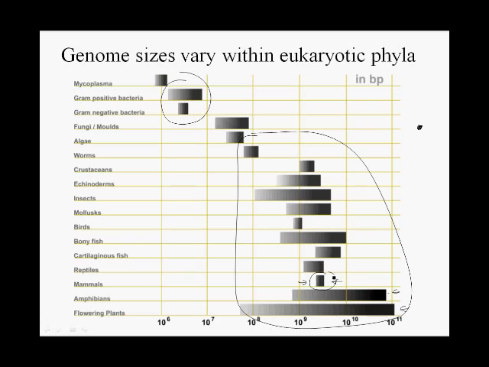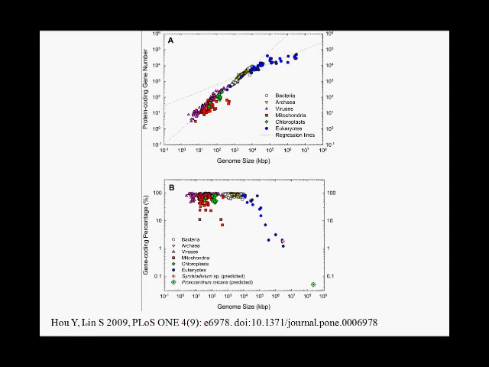The question then is, what accounts for this variation in genome size? Do larger genomes mean that they have more coding capacity and actually use that coding capacity to make lots more different proteins? Well, thanks to the genome sequencing projects, we can actually look at these genomes in detail and count the protein coding genes.